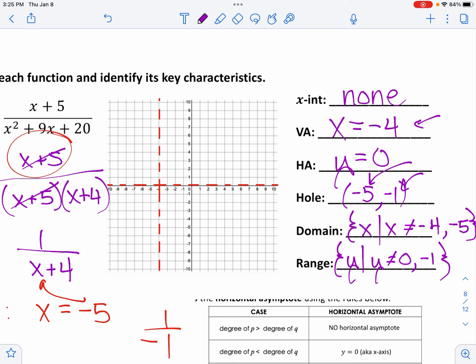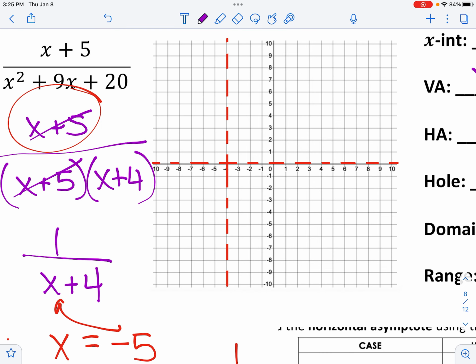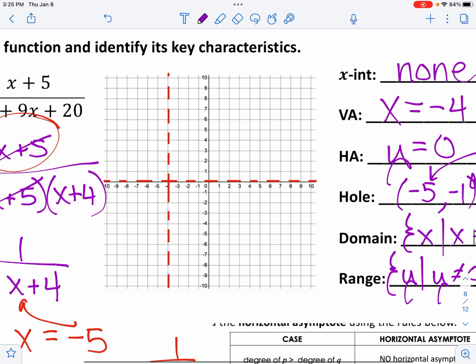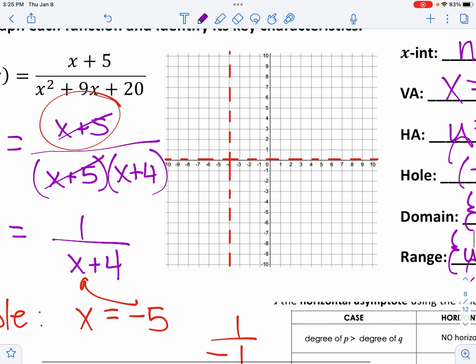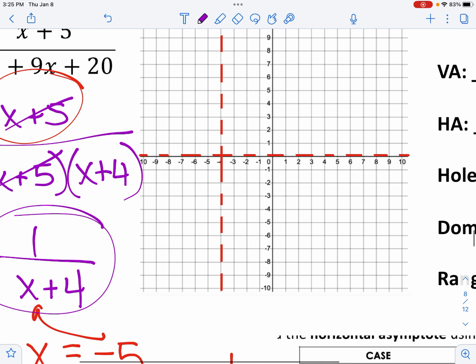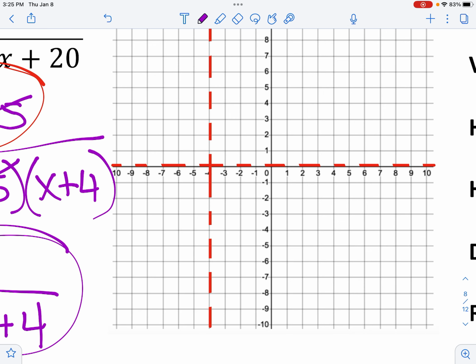All right, so now I want to graph. Okay, so if you plug in to this function, -3 in for x, you're going to end up with 1.